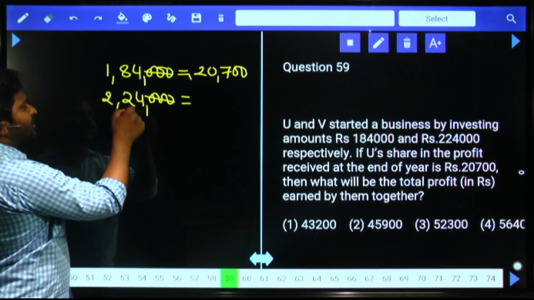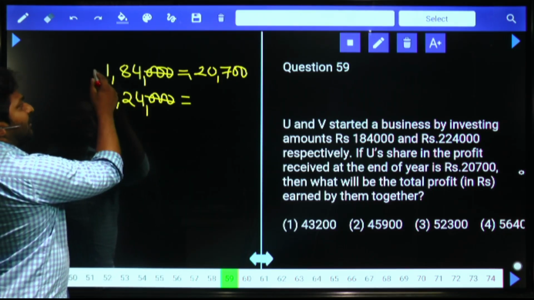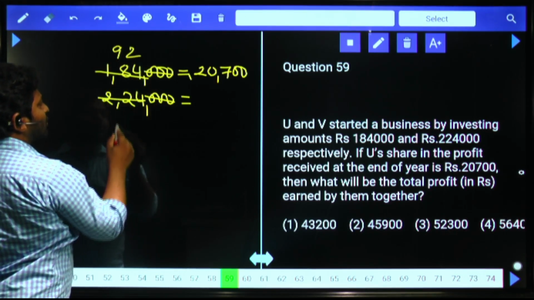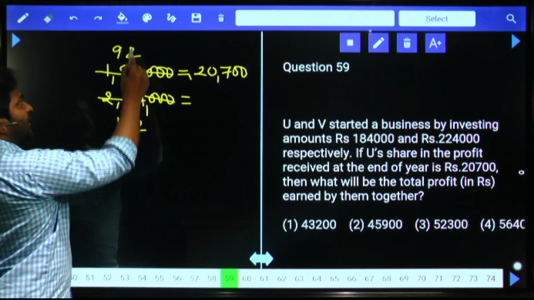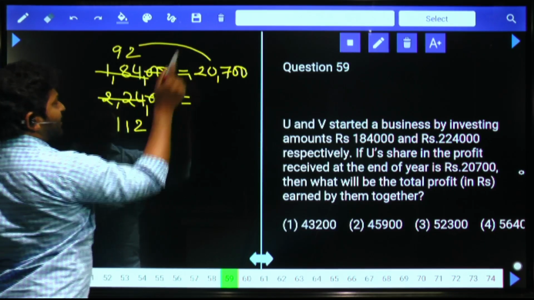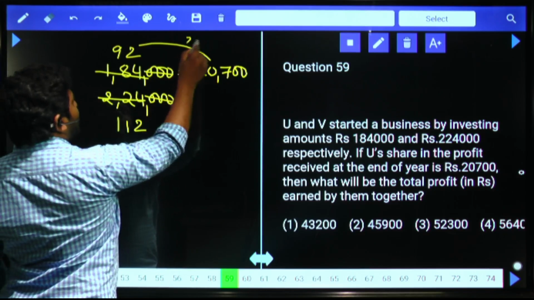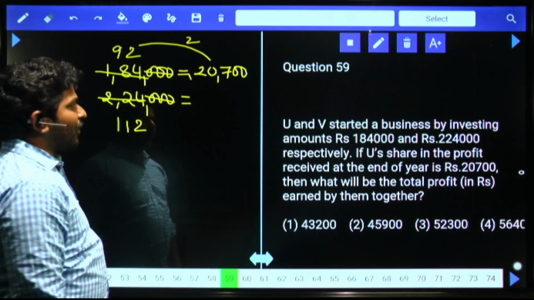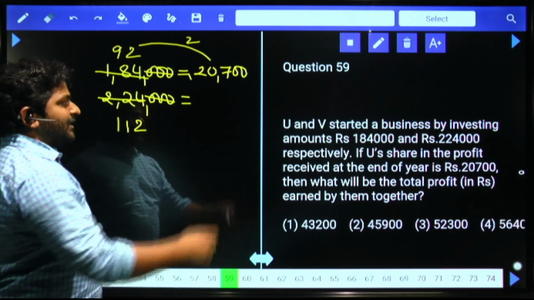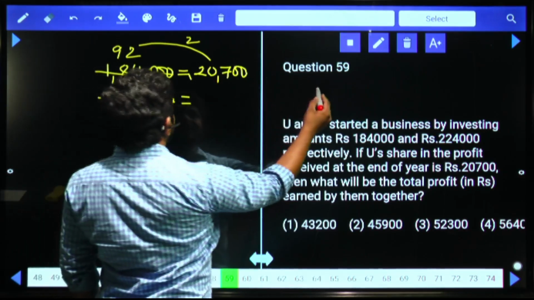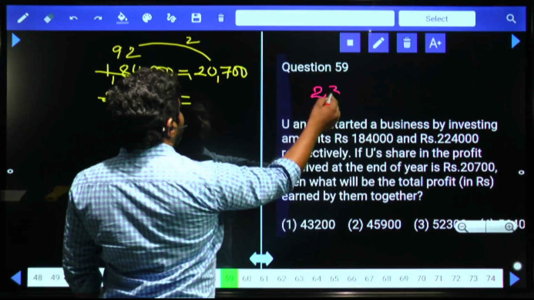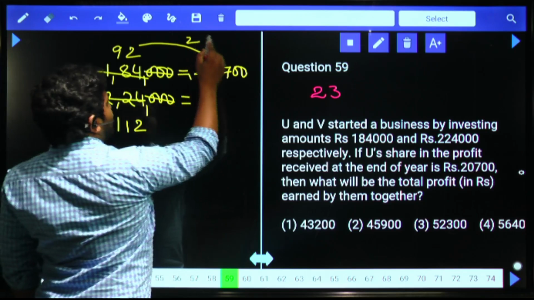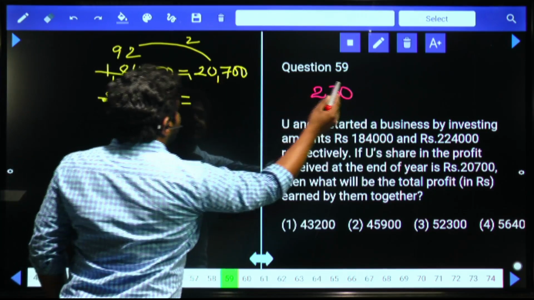Identify the relation between these two numbers. 92 times 2 is 184. 16 plus 7 is 23, so we get 230.